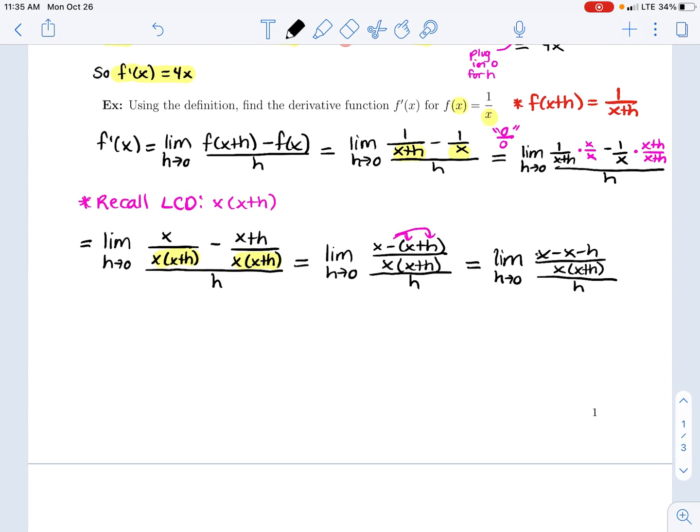So now I'm going to simplify the numerator, so I get that the x minus x is just 0, so I'm left with negative h in the numerator over x times x plus h, and then that's all divided by h.